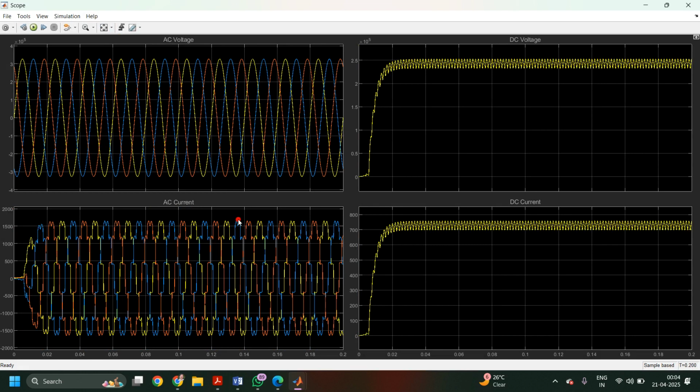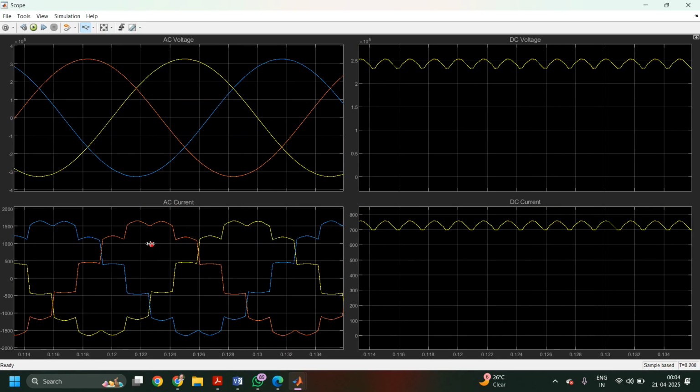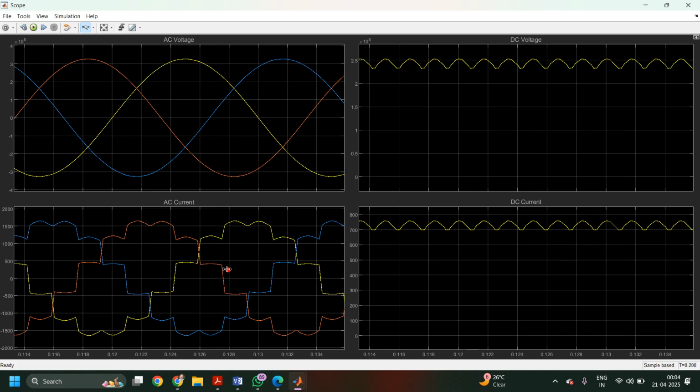So input current is distorted. If you zoom the input current, see the input current is having lots of distortion. So you can observe this 2.5, that is 2.500, means almost 250 kilovolt is the voltage output.